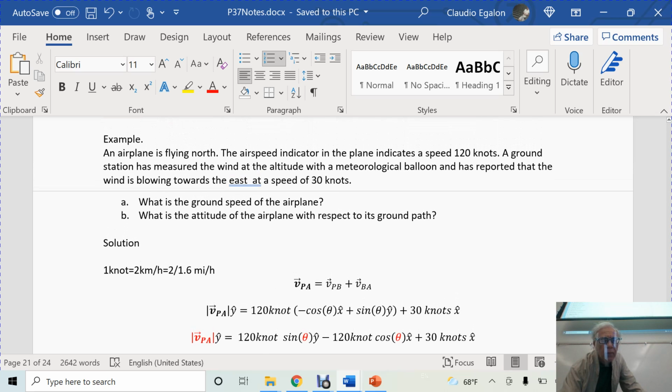The airplane is flying north. The speed indicator on the plane indicates 120 knots. Okay, so the plane is tracking north.